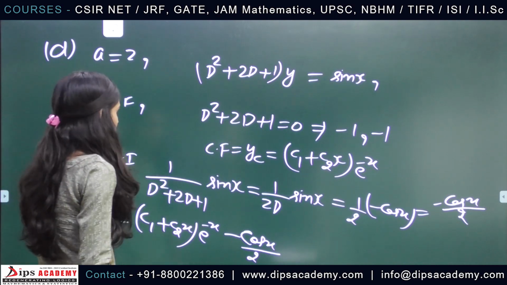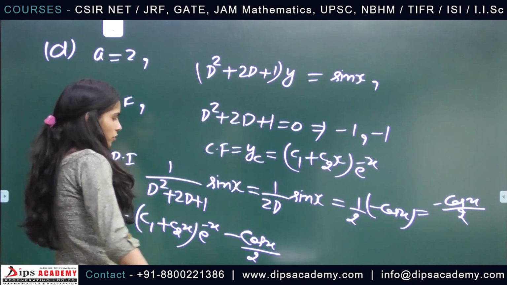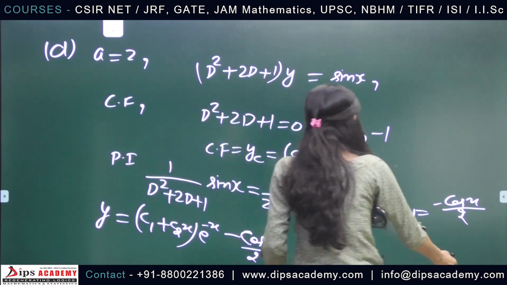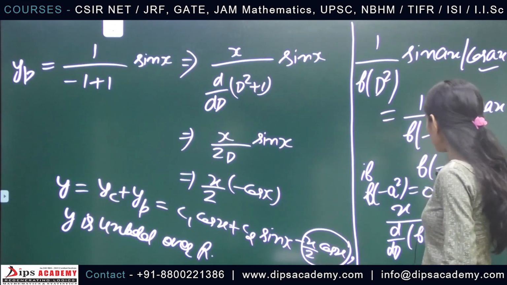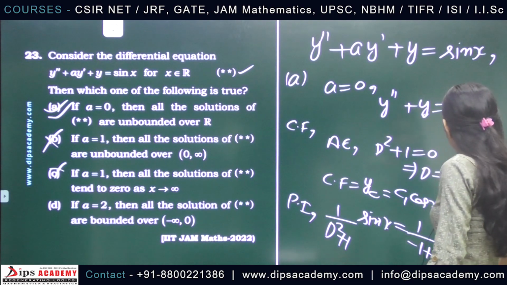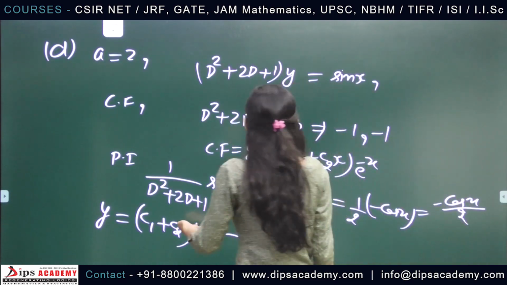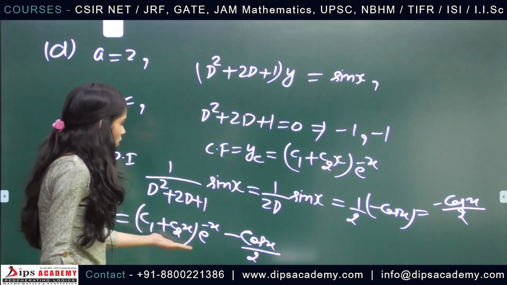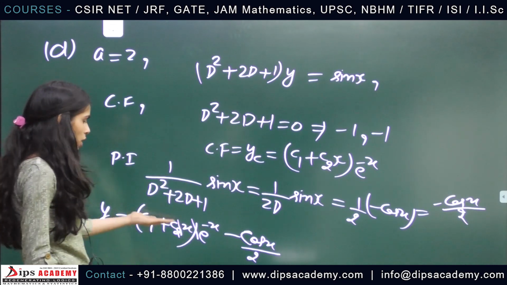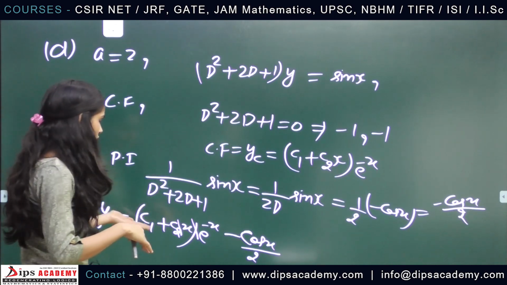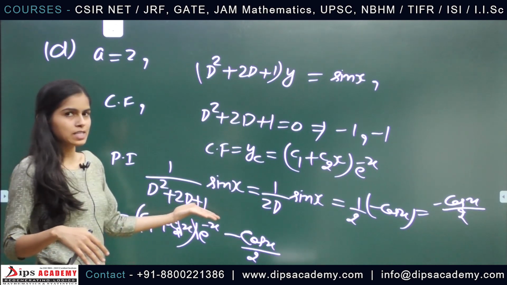They are saying that all the solutions are bounded over minus infinity to 0. But when x tends to minus infinity, this term will not be bounded. They are talking about all the solutions. When c1 and c2 are 0, we can say that this will be bounded.